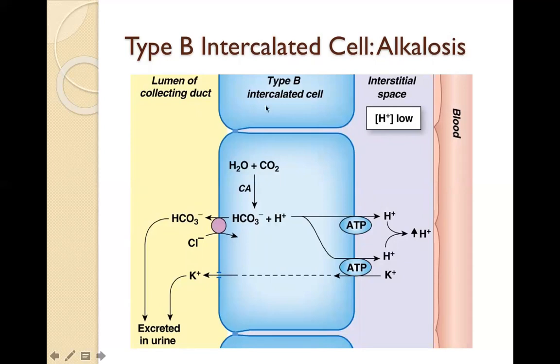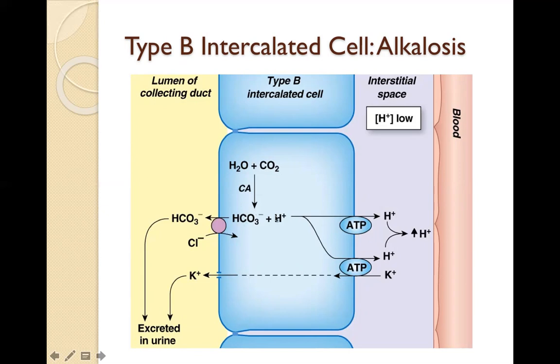In this type B intercalated cell, there's going to be a reaction between water and carbon dioxide, and it's going to create a bicarbonate ion and a hydrogen ion. This bicarbonate ion is going to be transported out of the cell on the luminal side, and so the bicarb can get excreted in the urine. This is going to be in exchange for a chloride anion. So that chloride anion is going to enter the cell.